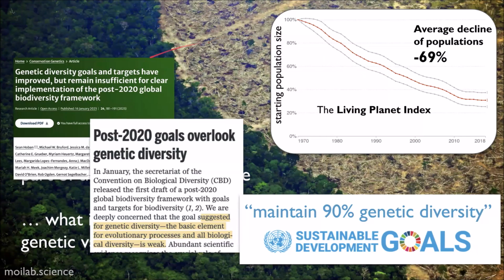A number of people have posted that this is a high concern, and a couple of years ago, the United Nations proposed a preliminary target for the first time that was genetic in their global sustainable development goals, which was maintaining 90% of genetic diversity across all species, which is great, but surprising given that we do not know anything about the genetics of more than 99% of all species.